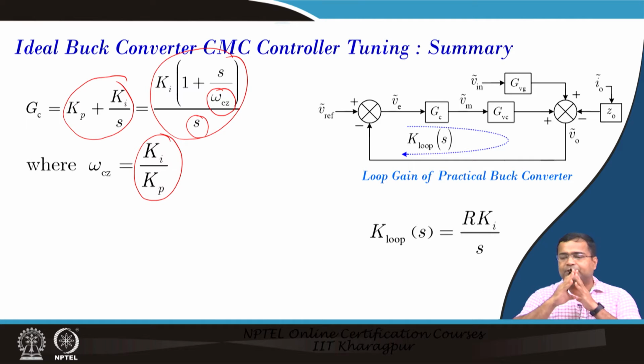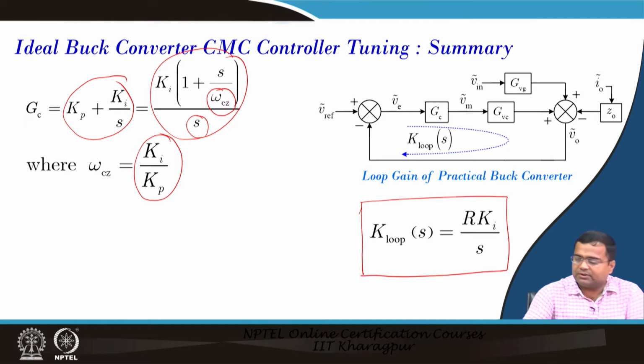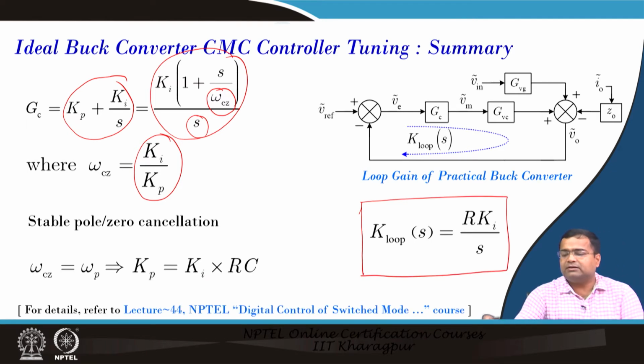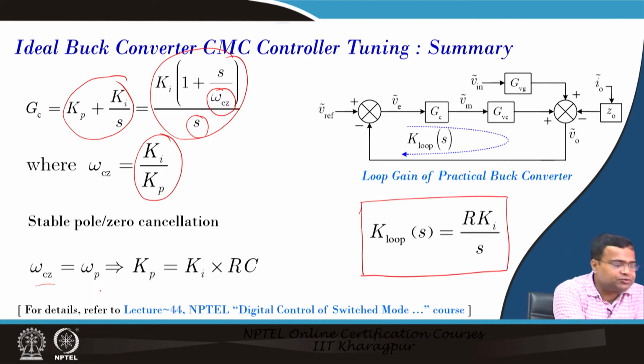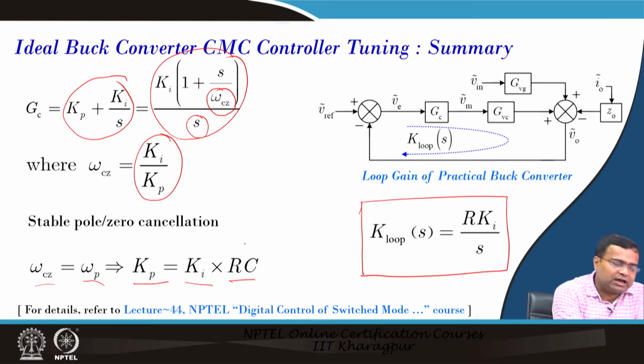If we take the loop transfer function by stable pole zero cancellation, we will get a first order system. This requires that the controller zero should cancel the pole, and it turns out the proportional gain should be Ki times Rc, because we are assuming the ESR to be negligible, where R is the load resistance and C is the output capacitor.